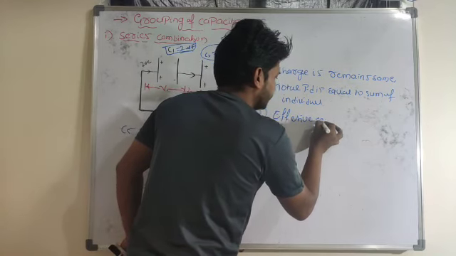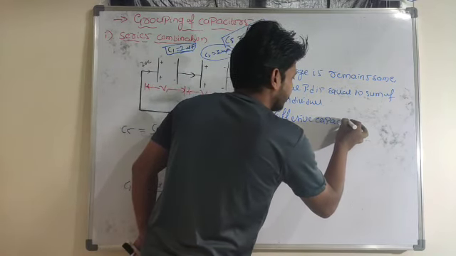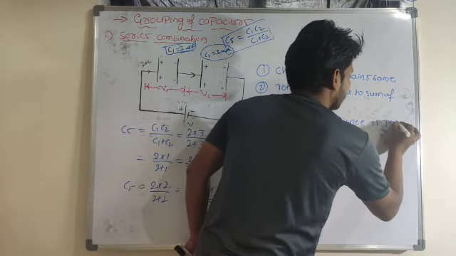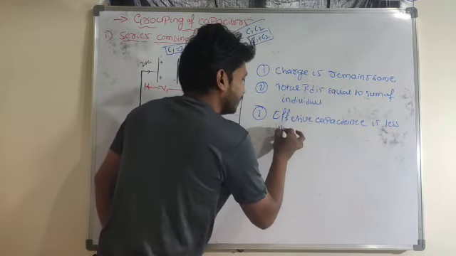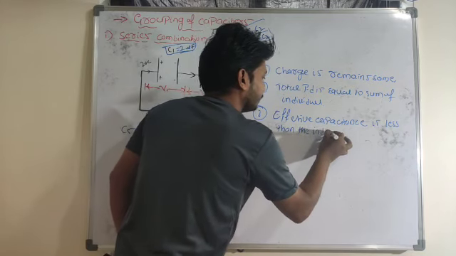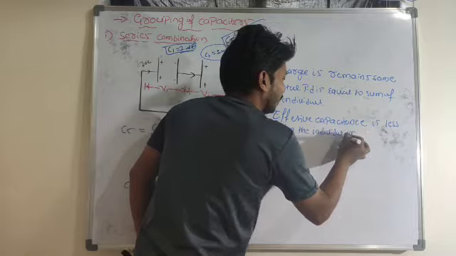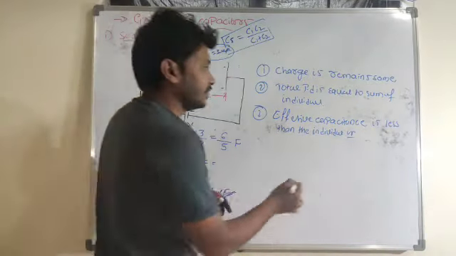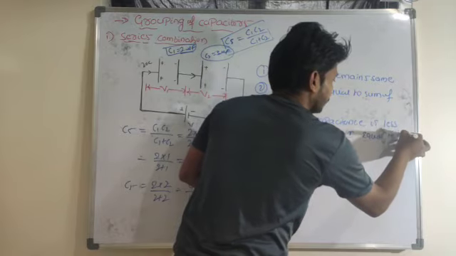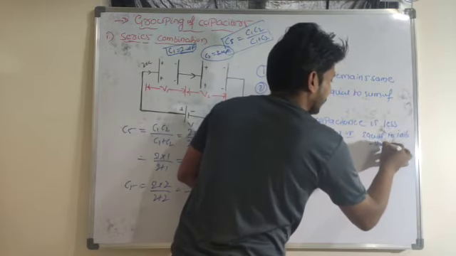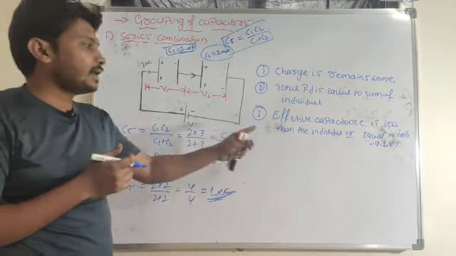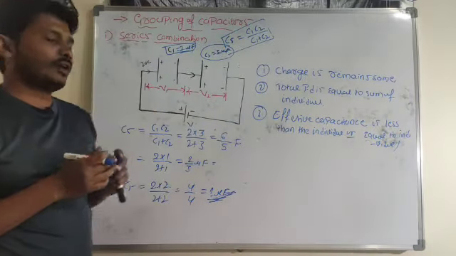Effective capacitance is less than the individual, or equal to the individual; it should not be greater than the individual capacitance value in series combination.